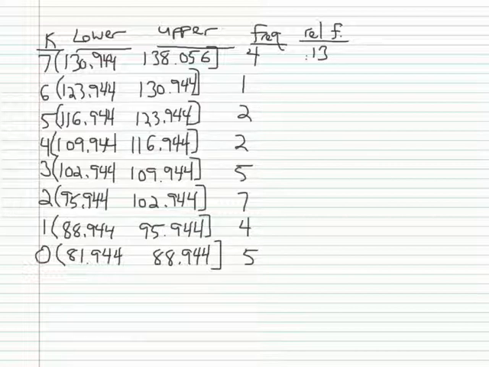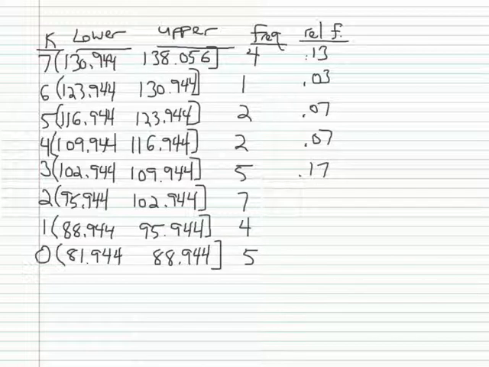It's going to be 0.03, 0.07, 0.07, 0.17, 0.23, 0.13, and 0.17. And those relative frequency values should add up to 1. If they're slightly different from 1, it's simply because of the rounding here.